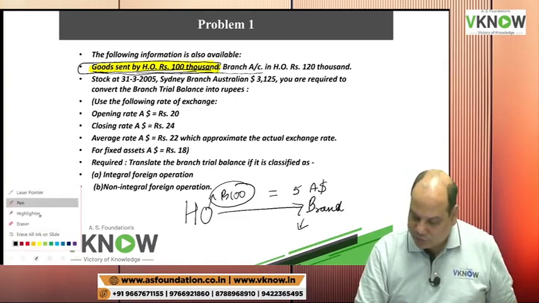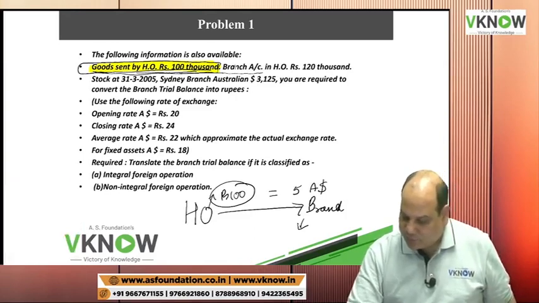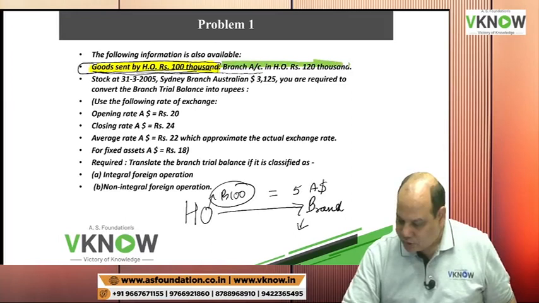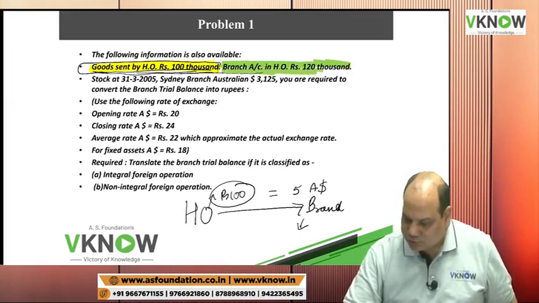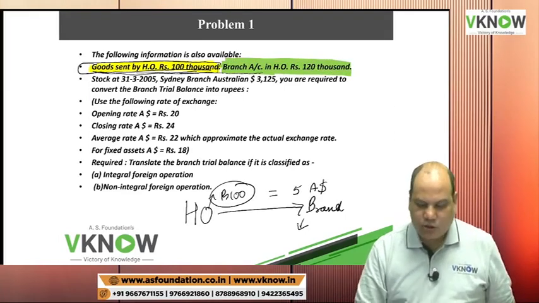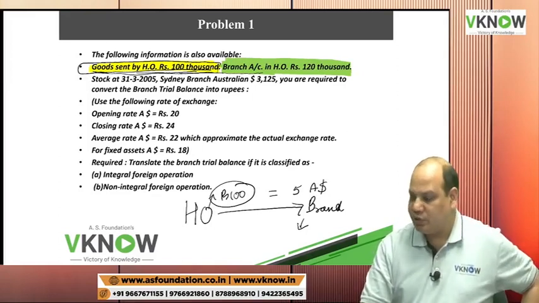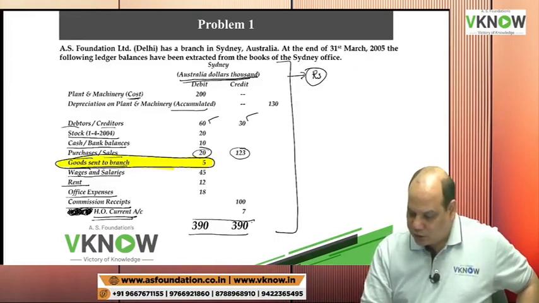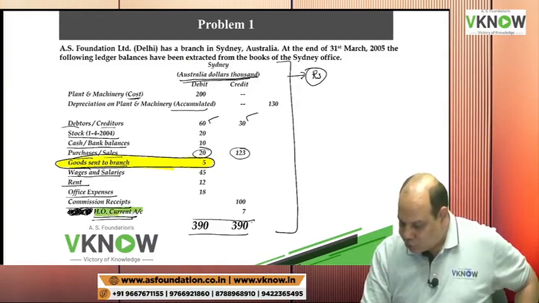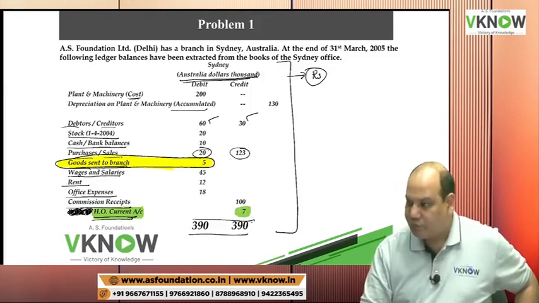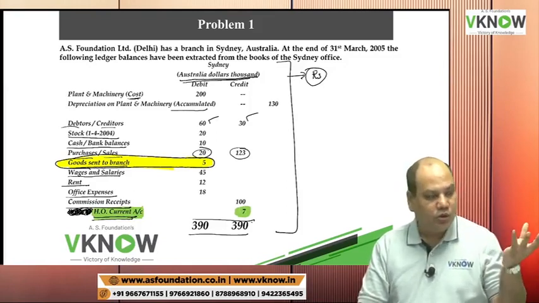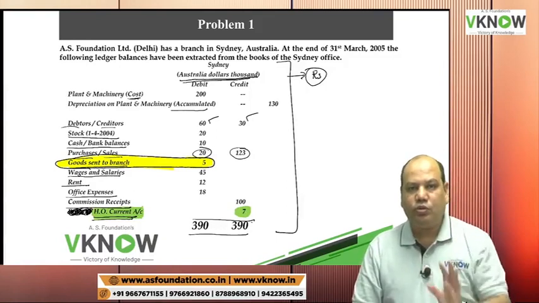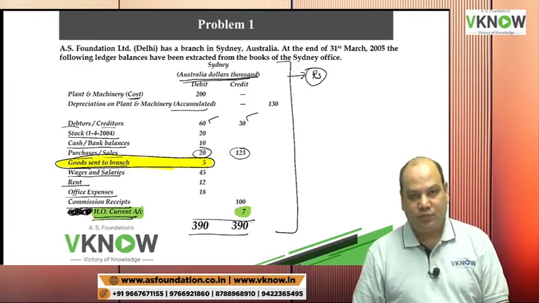Another adjustment is the branch account in the HO books, which is 120,000. If you look at the trial balance, the HO current account is $7. So $7 is equal to 120,000 rupees.